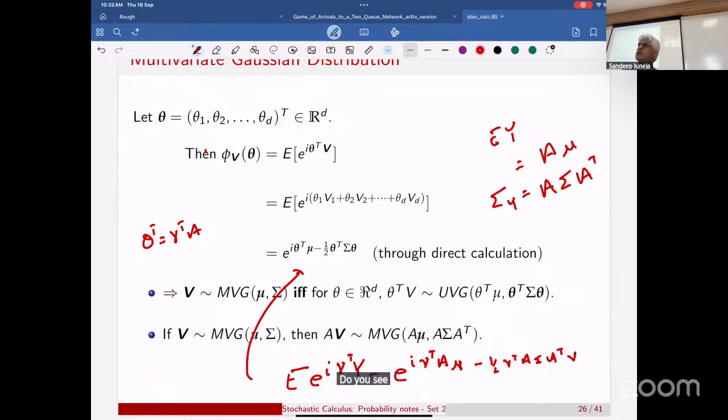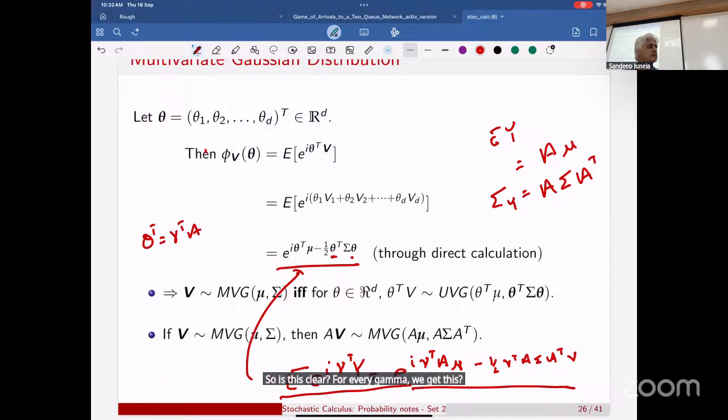Wherever we have theta transpose, we substitute it by gamma transpose A. So here also we'll have theta transpose is gamma transpose A, and this is A times gamma. So we get this expression, and hence this follows. Is this clear? For every gamma we get this.